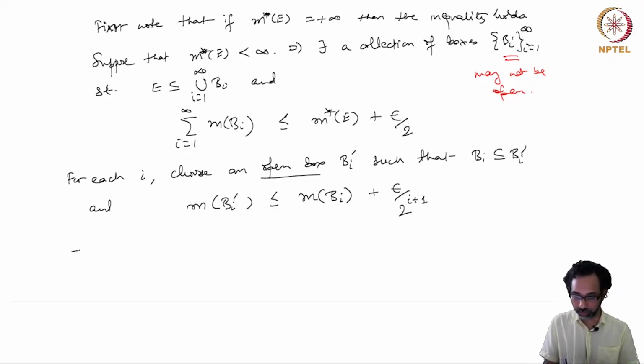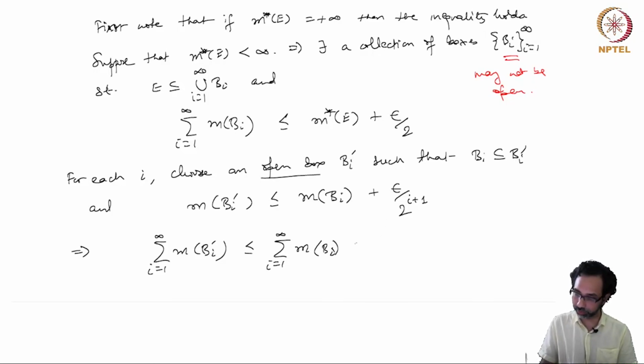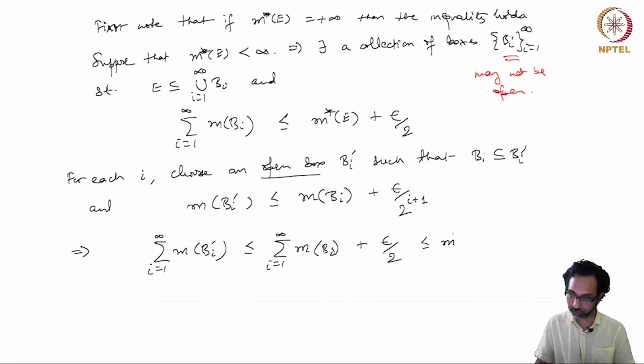So this implies that the sum for i equal to 1 to infinity of m(B_i prime) is less than or equal to the sum i equal to 1 to infinity of m(B_i), and then you will have an extra term of epsilon by 2, but this is less than or equal to m star E plus epsilon by 2 plus epsilon by 2.